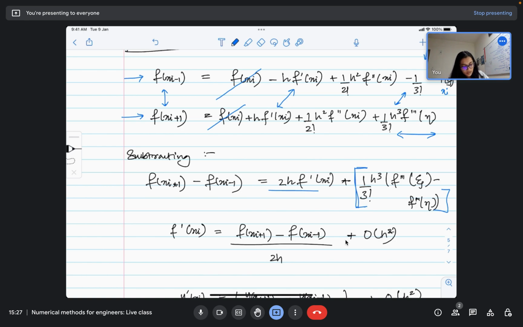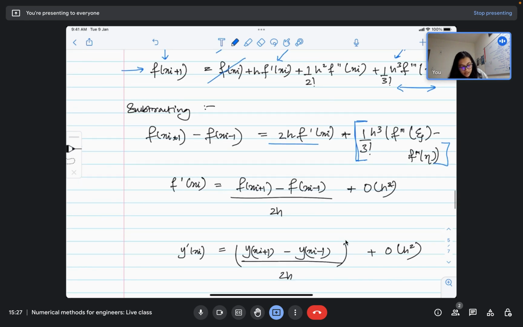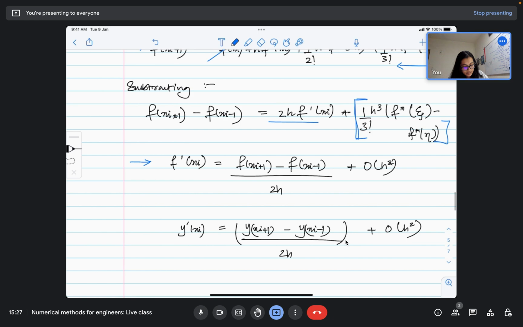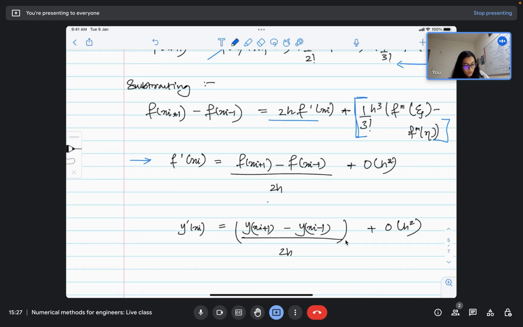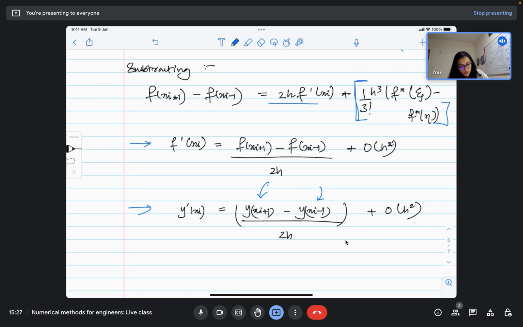Okay. So when we rearrange and rewrite for f dash of x, what we will basically get, I'll explain with this one, is y dash of xi is going to be y of xi plus 1, the bigger term, minus y of xi minus 1 divided by 2h.